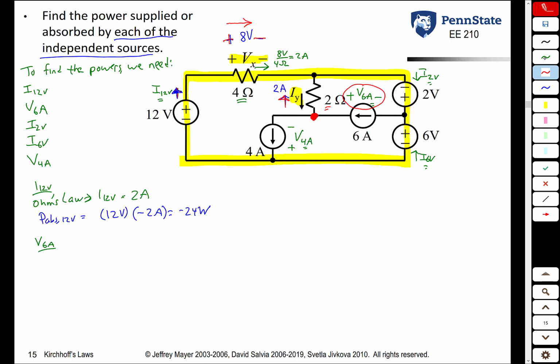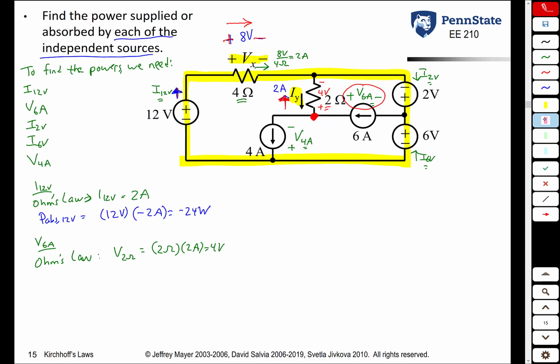So once again, from Ohm's law, we know that the voltage across that 2 ohm resistor is the resistance times the current, or 4 volts. And the orientation? Because the current goes from the bottom to the top, the higher voltage has to be at the bottom, and so we get 4 volts.